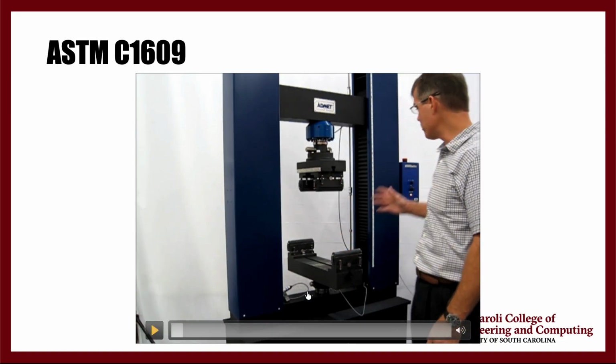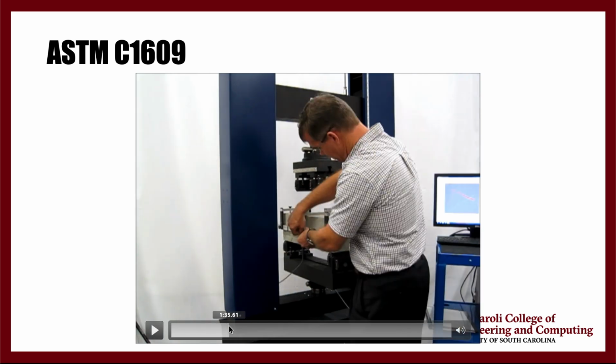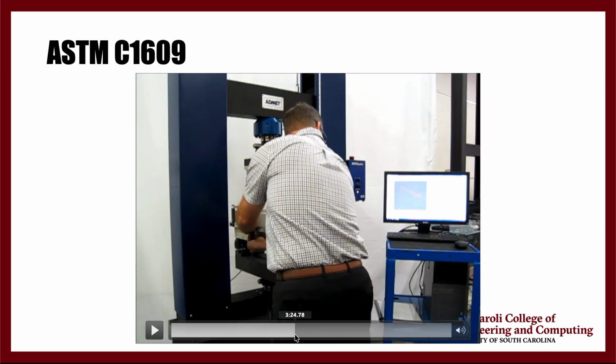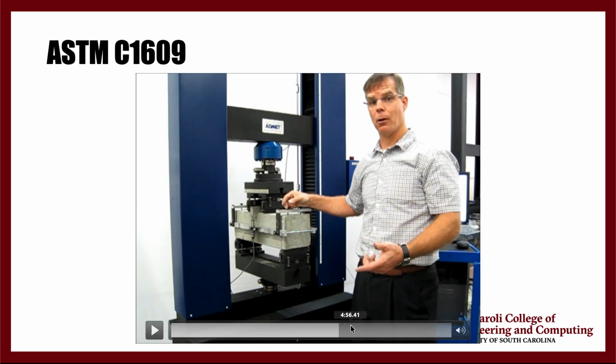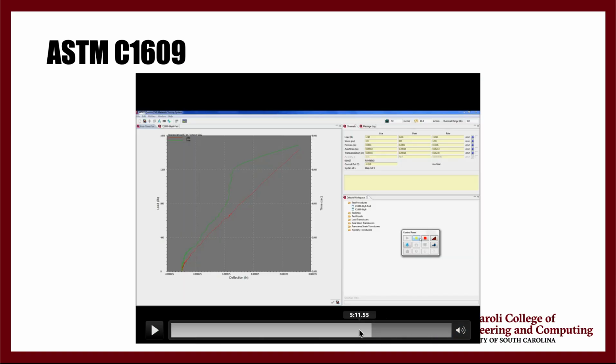Okay, so as you can see here, we have a load cell, and in this load cell we have 4 essentially contact points. 2 of these will be supports for the concrete beam they have here, and two of them are going to apply the force. I'm going to move on a little bit so you can actually see how the force is applied.